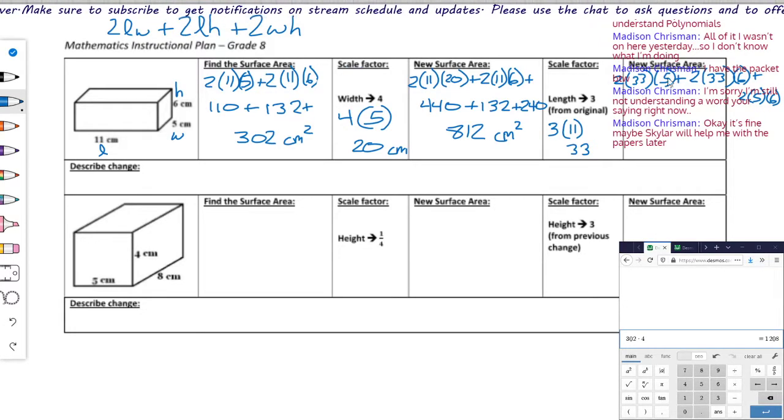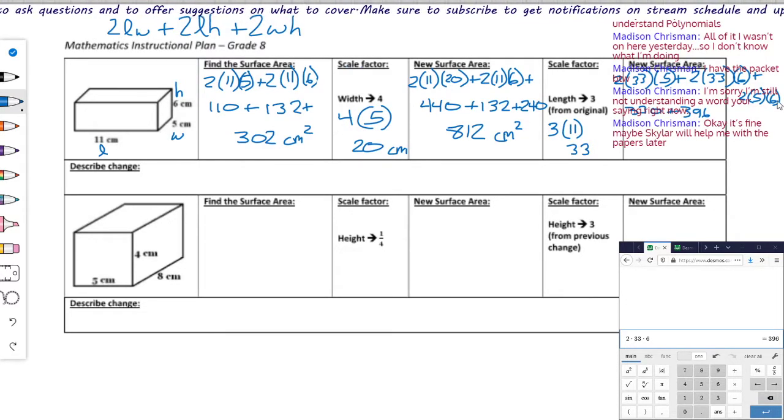So first term, 2 times 5 times 33, $330. Two times 33 times 6 is 396.